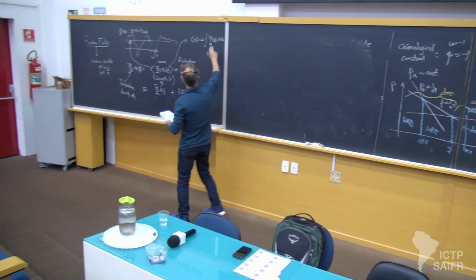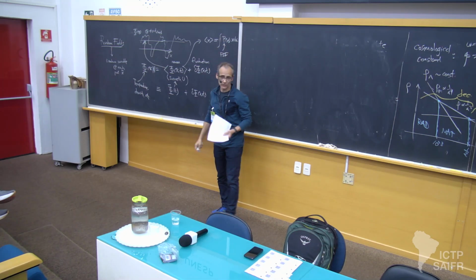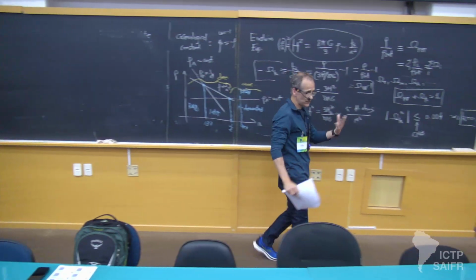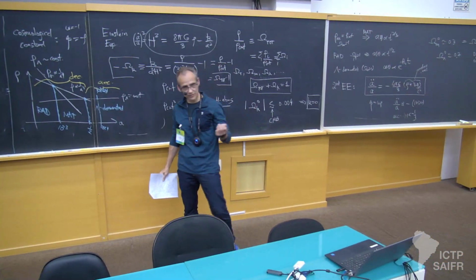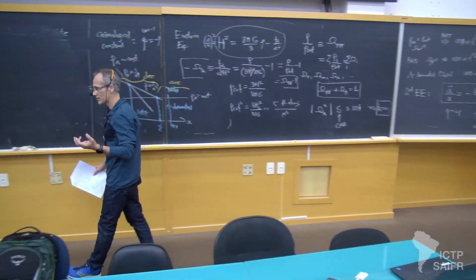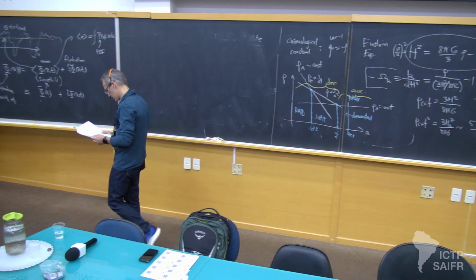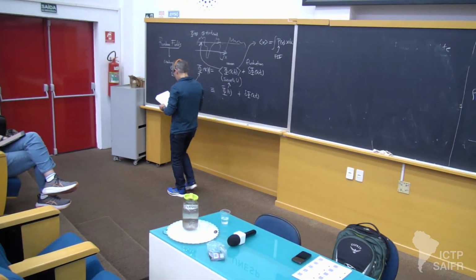And so we know what these functions are, or at least we have constraints on them from observations. Sometimes the physics already tells you if it's likely to be Gaussian or non-Gaussian. We'll get into details of that quite a bit later.